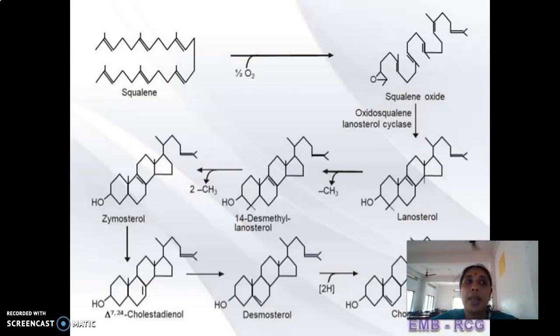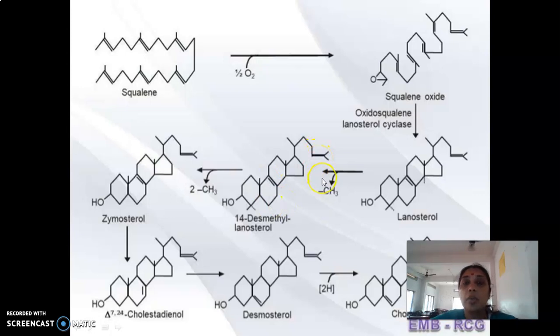Another method is that lanosterol can first be converted into 24,25-dihydrolanosterol. That is, instead of undergoing the demethylation reaction first, the reduction reaction happens in the first step. Lanosterol undergoes reduction to give 24,25-dihydrolanosterol; this double bond is removed first.